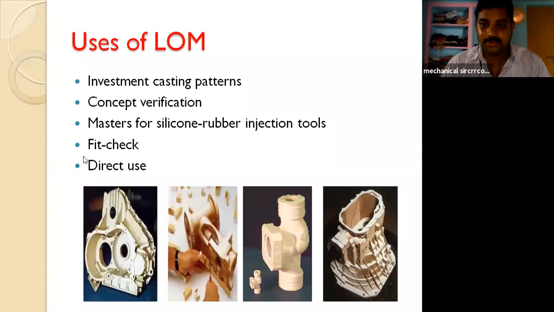We can provide metal components, plastic components, whatever it may be. All these things we perform for making prototypes, not real time functional objects. We will go for additive manufacturing for functional objects. First we are learning about rapid prototyping, which is used for preparing prototypes.